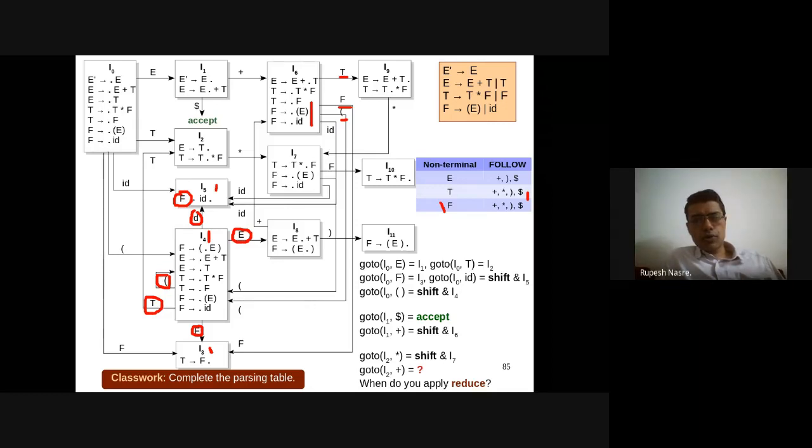But there are two more transitions. Okay, go to 6 on ID is shift 5, that is correct. I think there is a problem here. Anyway, on ID it should go to F deriving ID dot, so it should go to I5, that is correct.